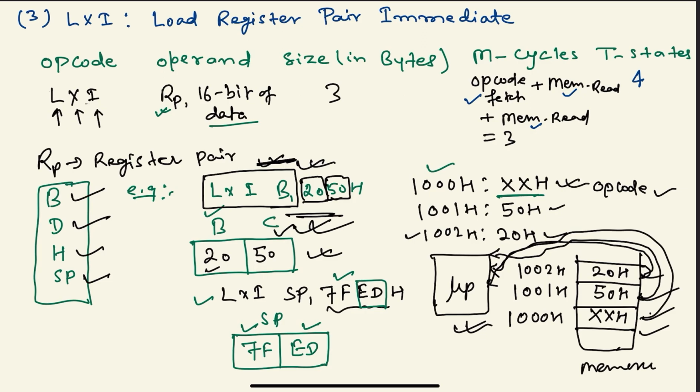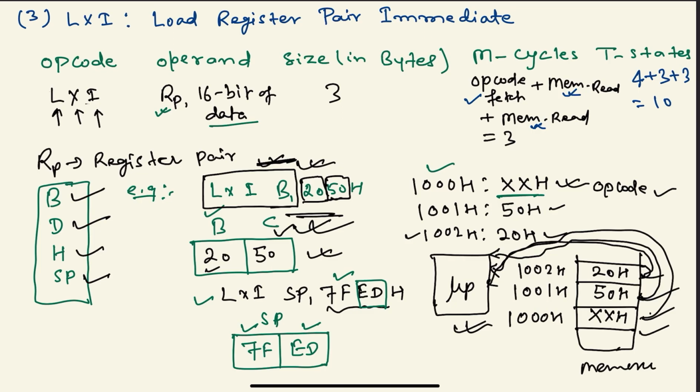For this memory read it will take 3, so 4 plus 3, and for the further memory read it will take 3 more, so the total number of T states is 10 here.